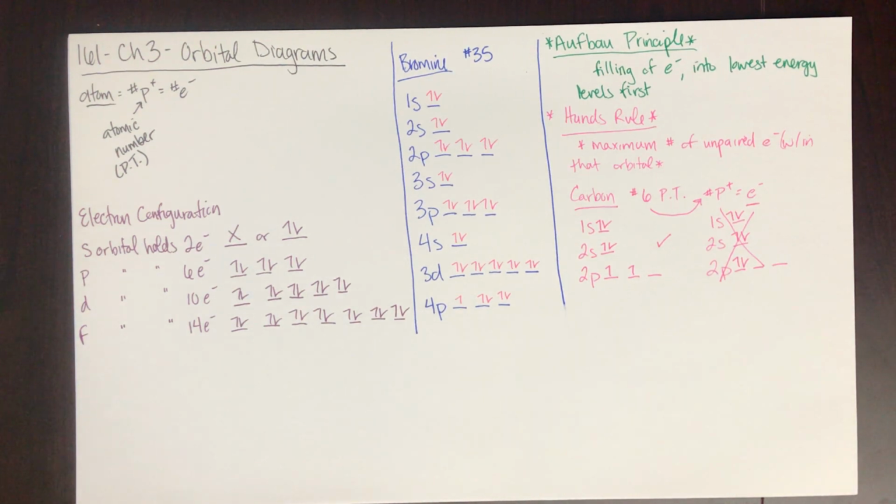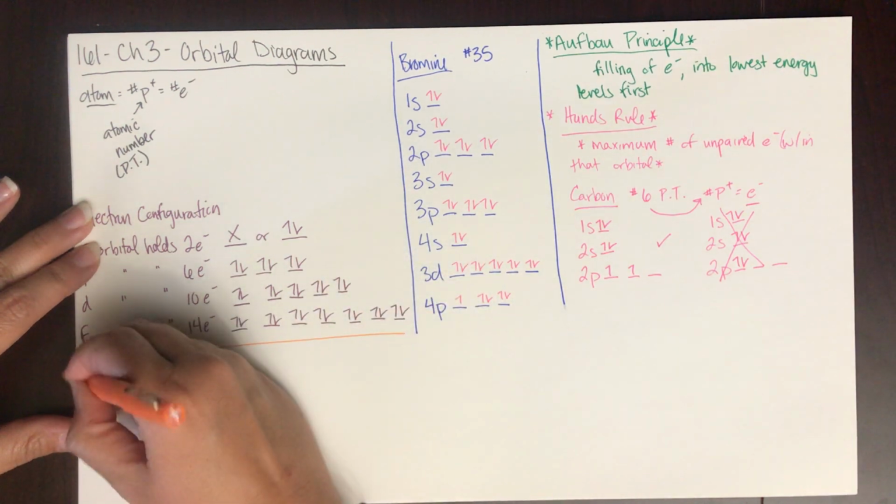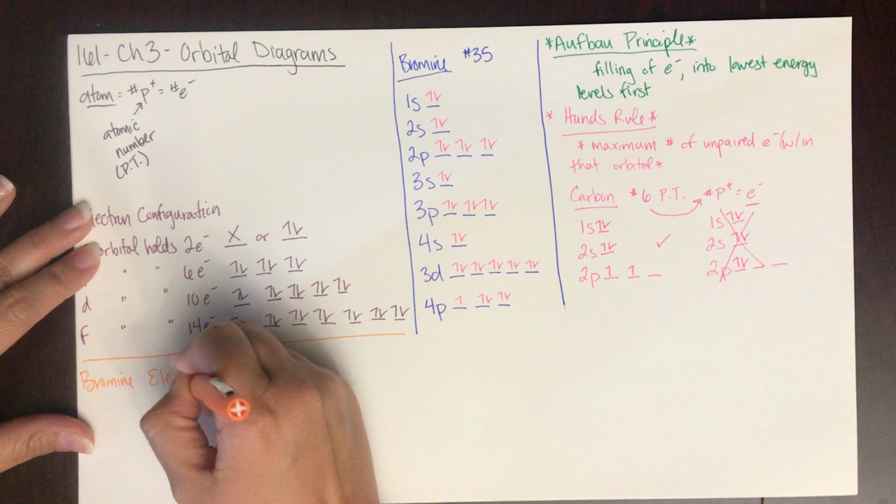From the same thing, let's look at something called the electron configuration, which is when we write it out. I'm still going to use bromine. So, bromine electron configuration.